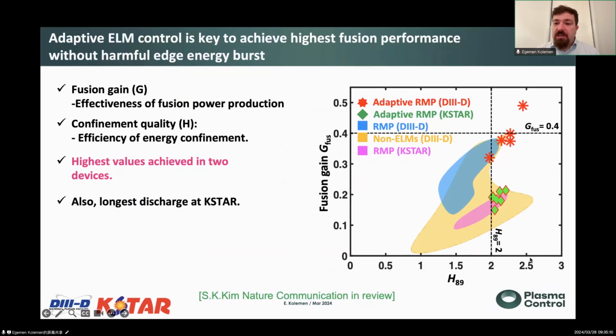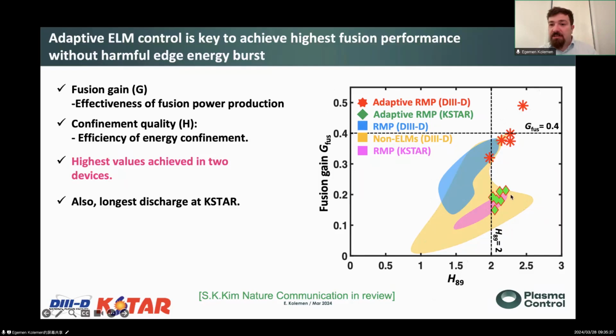So this is fusion gain versus H98. This is confinement. This is how much fusion power you would get out, sort of the merits for that. And this is D3D data here. And these are our controls. So it shows that we have the highest fusion gain and highest confinement factor by using this adaptive ELM control that uses machine learning.